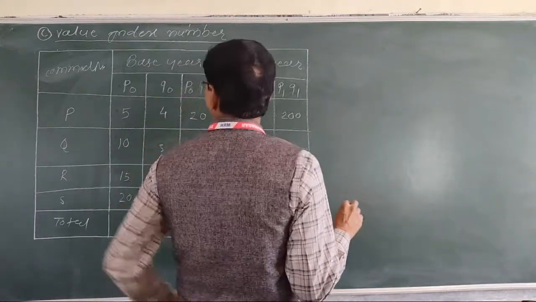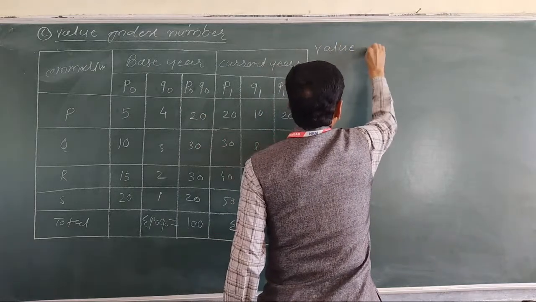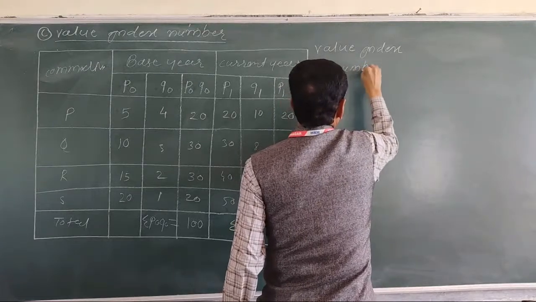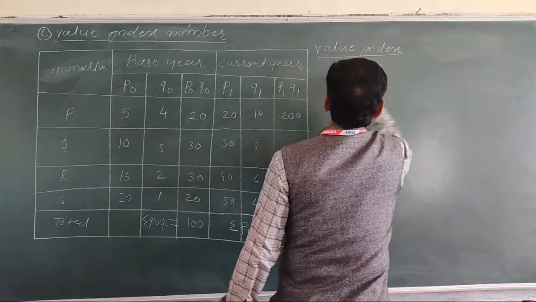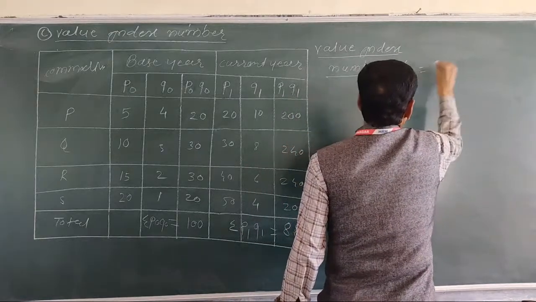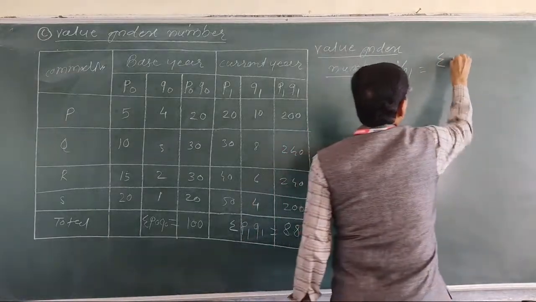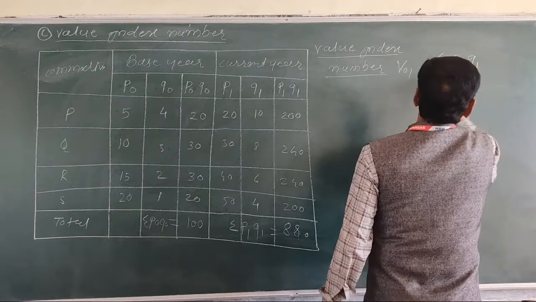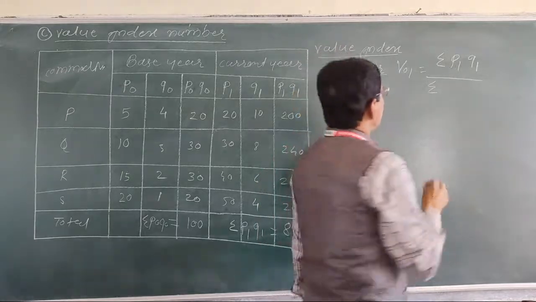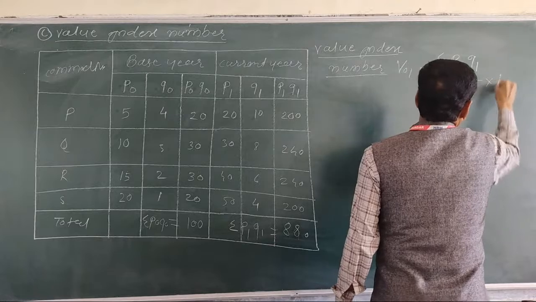880. So the formula is value index number: V01 is equal to summation P1 Q1 divided by summation P0 Q0 into 100.